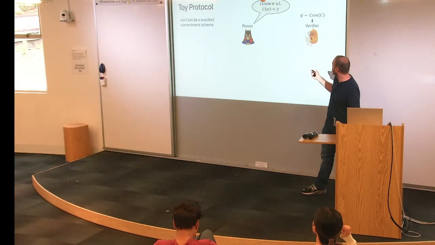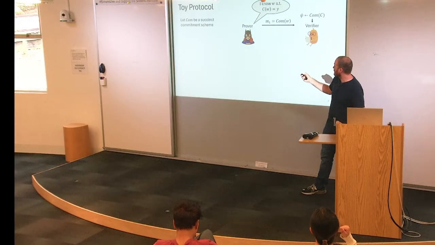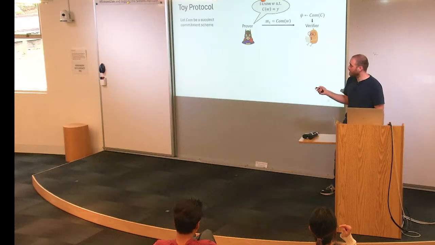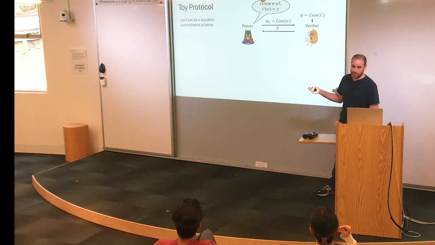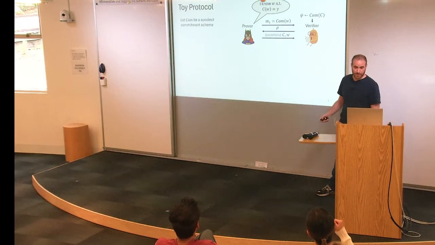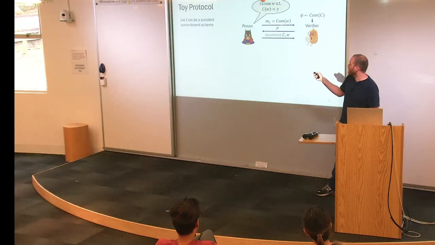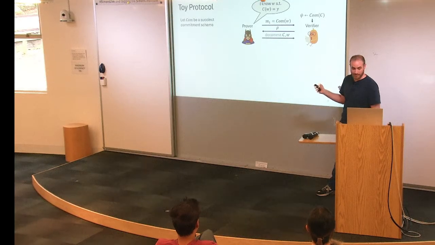First of all, the verifier gets a commitment to the circuit. The prover sends a commitment to the witness. And the verifier then chooses some randomness, rho. The prover is just going to decommit the circuit and the witness. By this, I mean it sends C and W and proves that they're actually in the commitment.